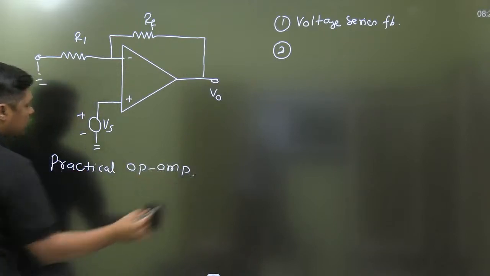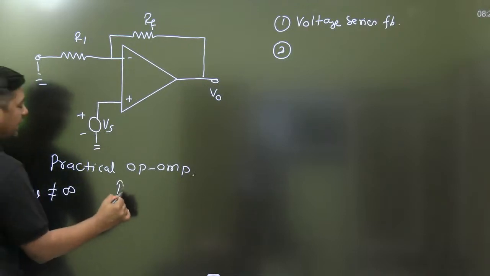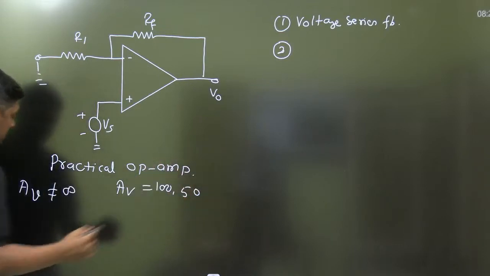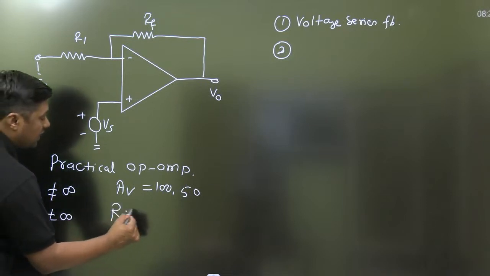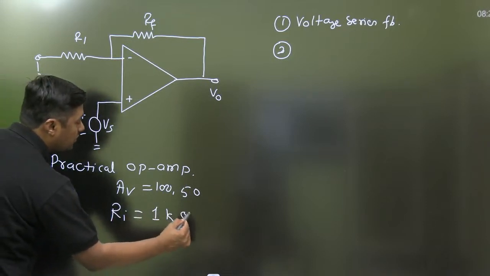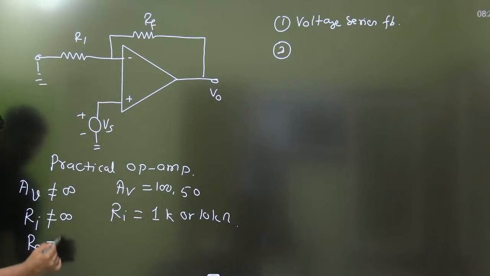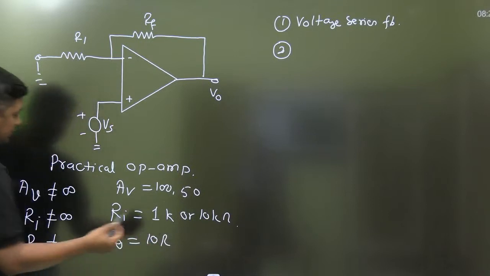For practical operational amplifier, always remember AV is not infinite. Any value is given like 100 or 50 or anything else. Ri is not infinite. Anything will be given like 1 kilo ohm or 10 kilo ohm. R0 is not 0. R0 is given as 10 ohm, right, like this.